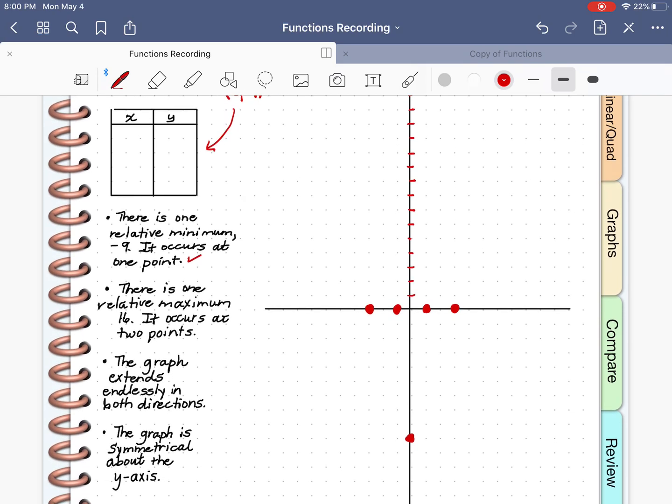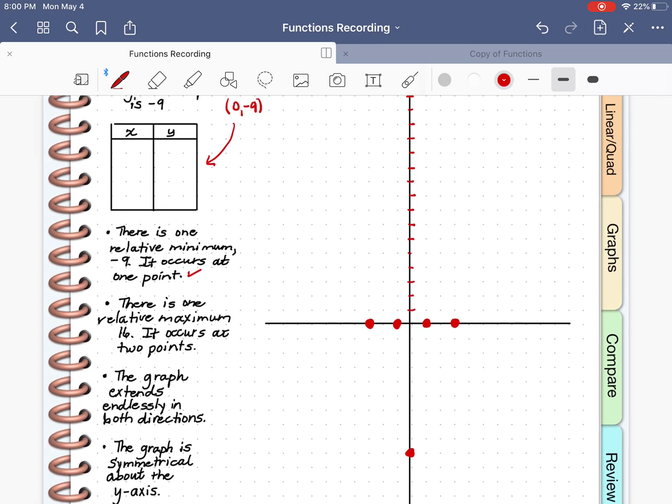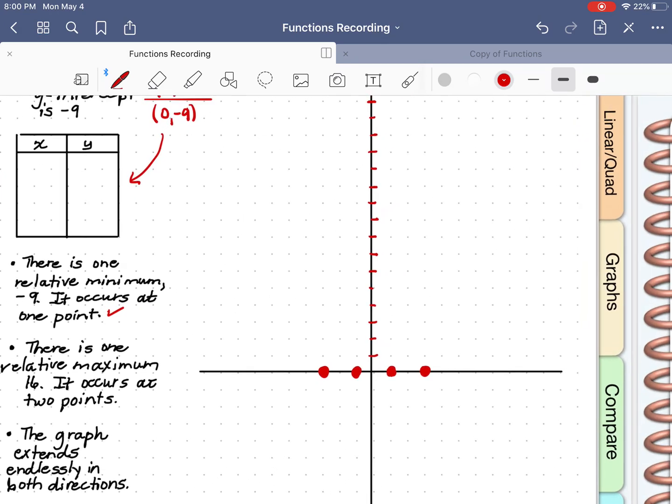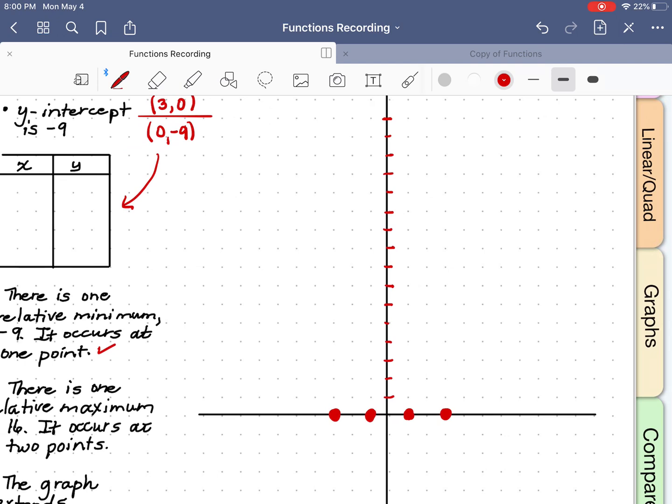The graph is symmetrical about the y-axis. So the y-axis is the mirror. So that tells me that here at 16, I need to put a point on this side and a point on this side. And the maximum occurs at 2 points. So that's what's going to make this symmetry.